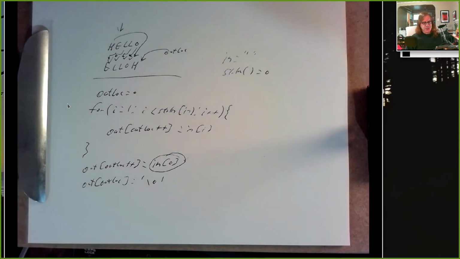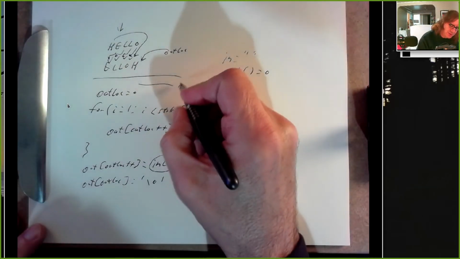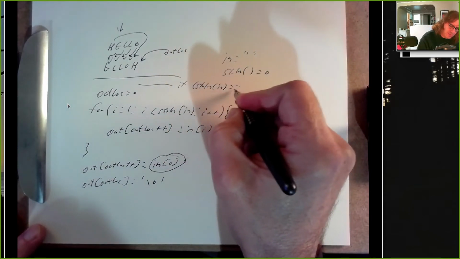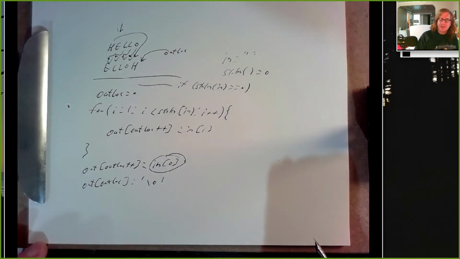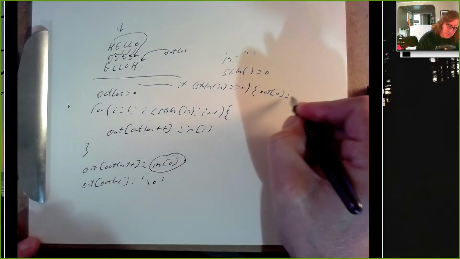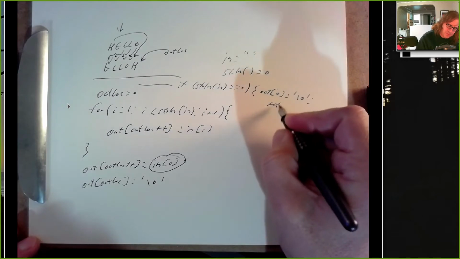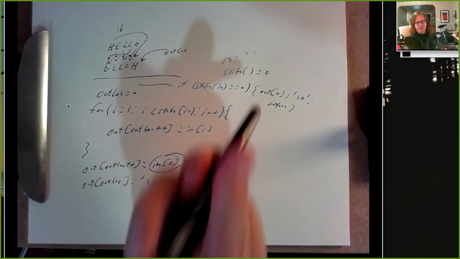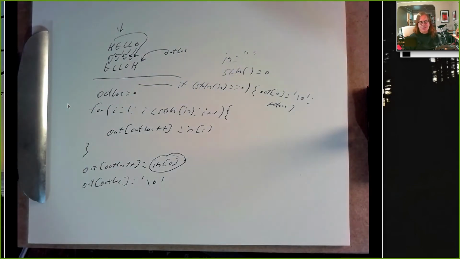But you could do an explicit test case up here. If the string length of in is 0, then just set your output string to be an empty string. So set character 0 of your output string to be the null terminator and return. But I think this will work even if the string is totally empty.